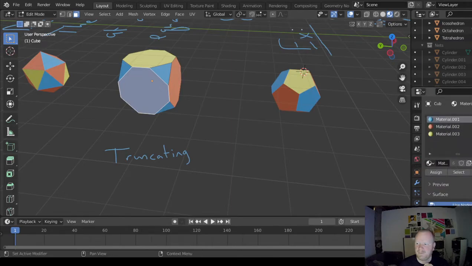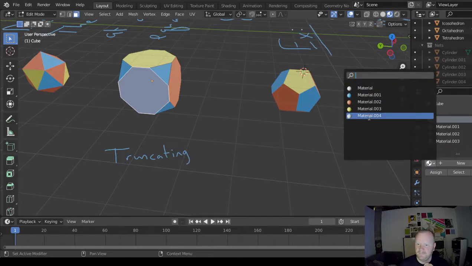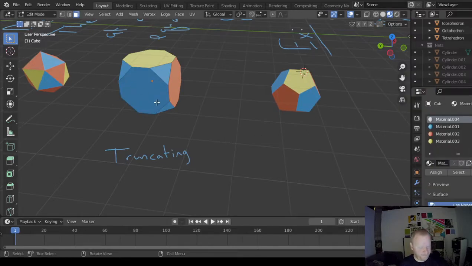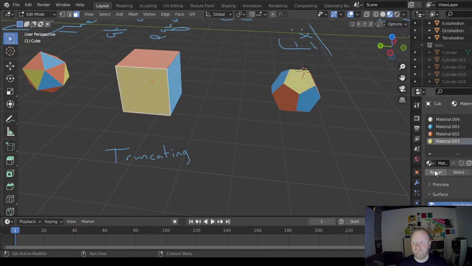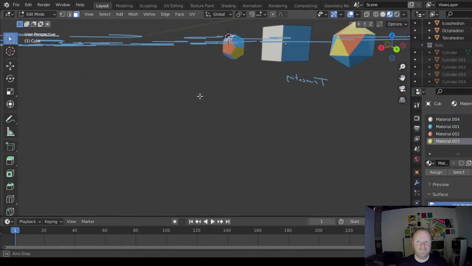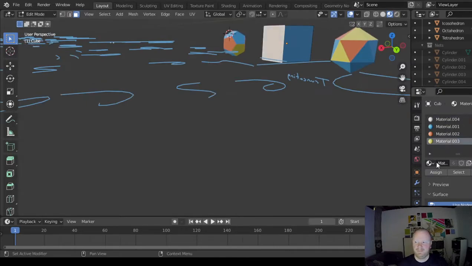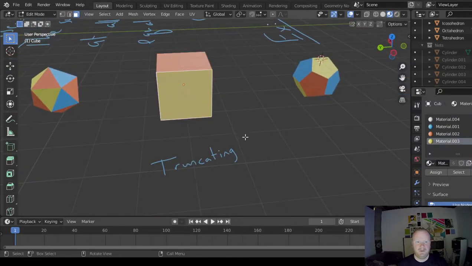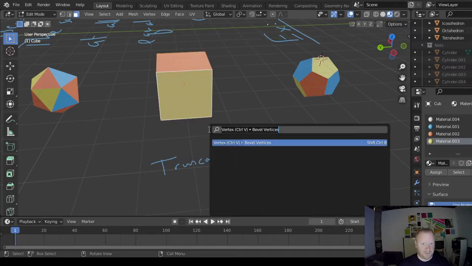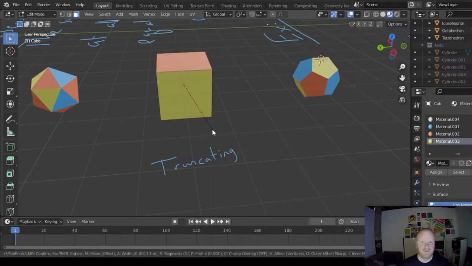Actually, let me get another material. Sorry about that. Okay. So if I bevel those vertices, sorry, I just want to make sure that those bevels have that same color there.